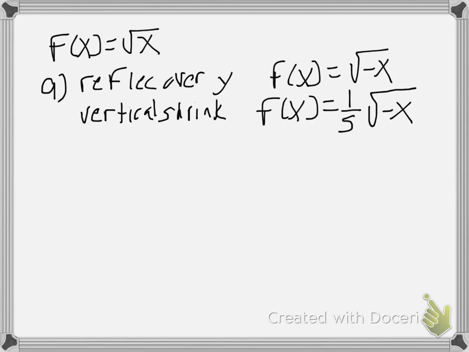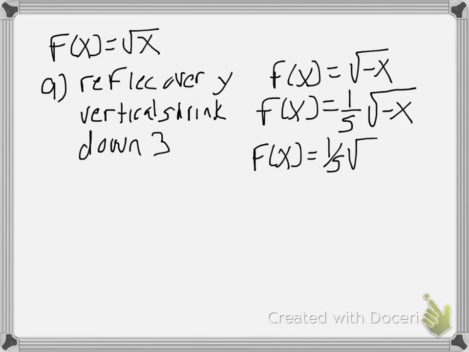Okay? And then last, down 3. Well, that should be pretty straightforward. Down 3 would be f of x equals 1/5 the square root of negative x minus 3. Okay? Hope so.